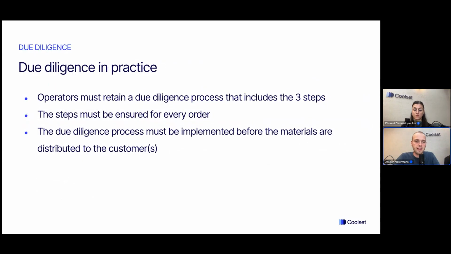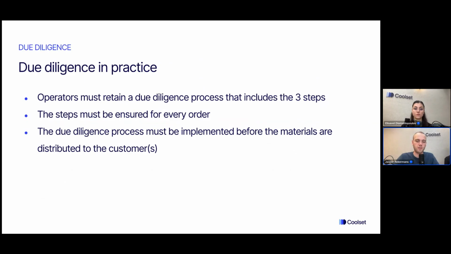So what does that mean in practice? First of all, operators must retain a due diligence process that includes the 3 steps. So you always have to focus on these 3 steps, which are Article 9, 10, and 11. And you must bring that together in your due diligence report. There are no circumstances where you can skip that part if you import one of the EUDR-related commodities.